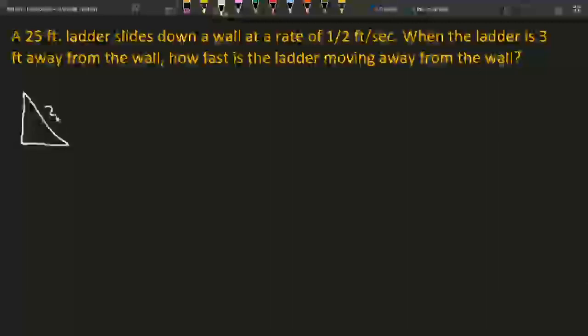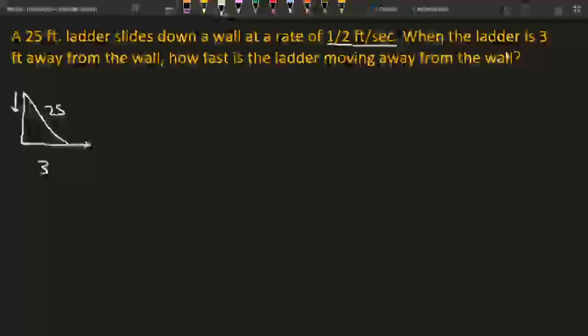There's a 25 feet ladder, and then the ladder is moving down the wall, so down the wall at a rate of 1/2 feet per second. And then they're asking when the ladder is 3 feet away from the wall. So when this is 3, how fast is the ladder moving away from the wall? So how fast is basically how fast this value right here is changing?